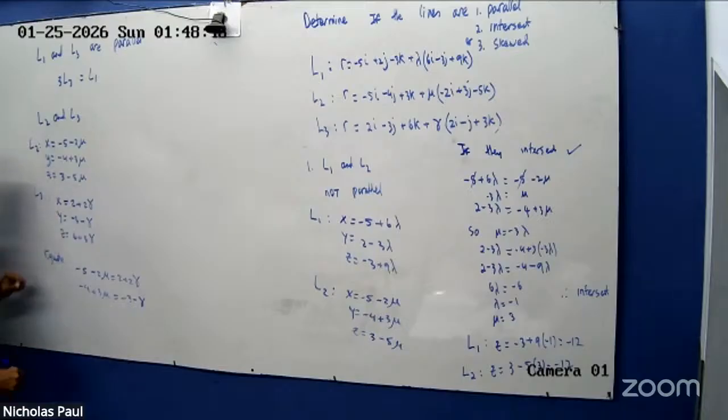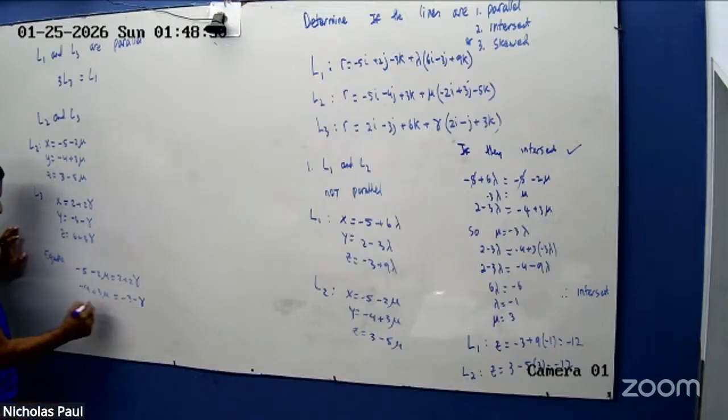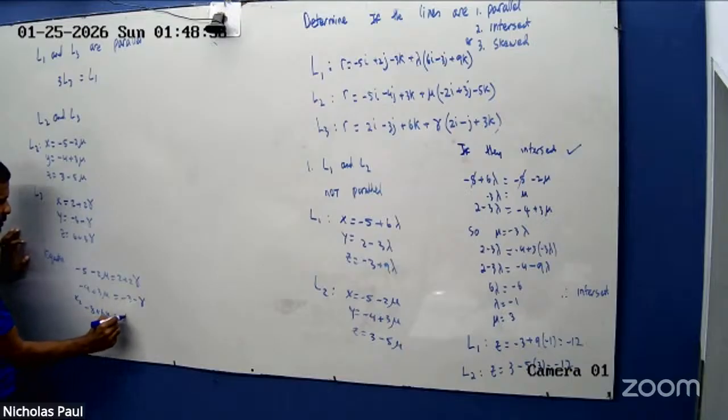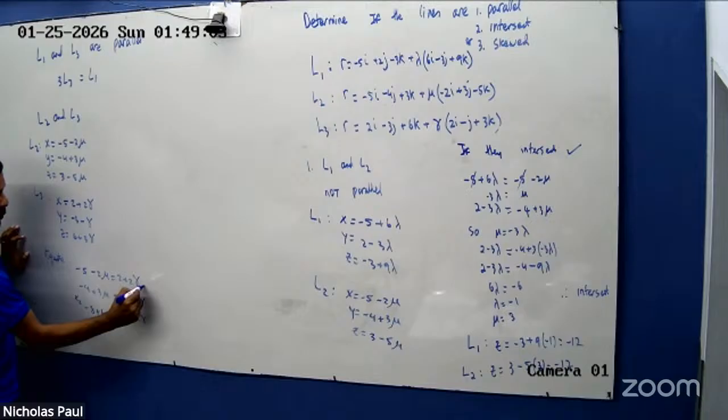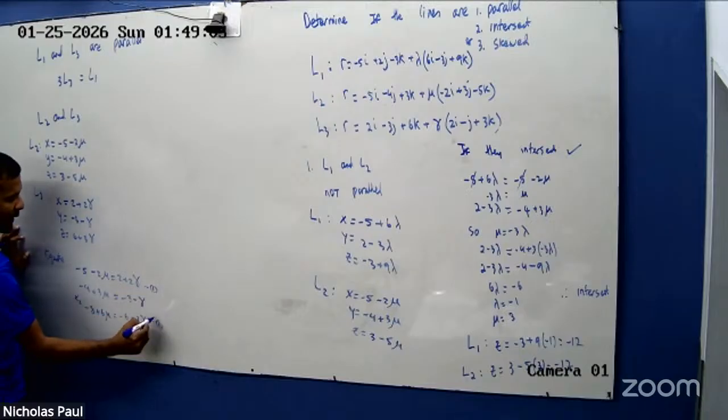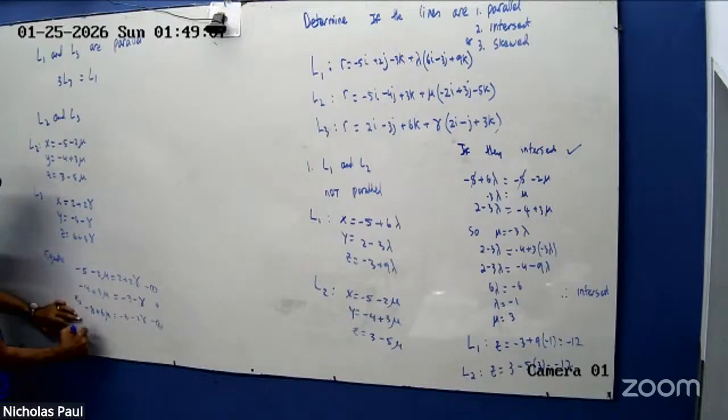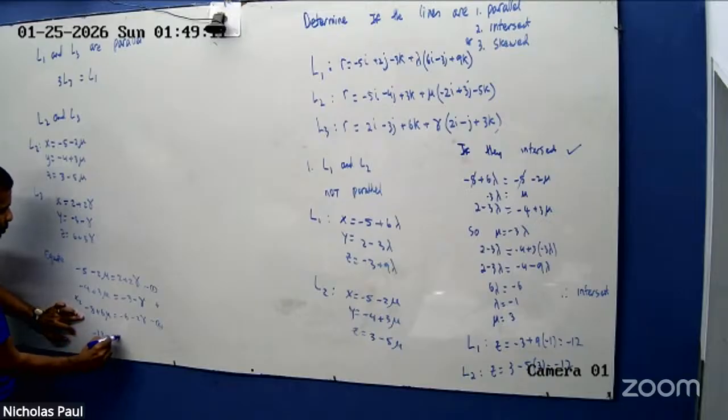What I can do here, I can make gamma the subject, or I can multiply this by 2. So I'll get minus 8 plus 6 mu minus 6 minus 2 gamma. And then I could take equation 1 and equation 2 and add them. So I'll get minus 13 plus 4 mu is minus 4.